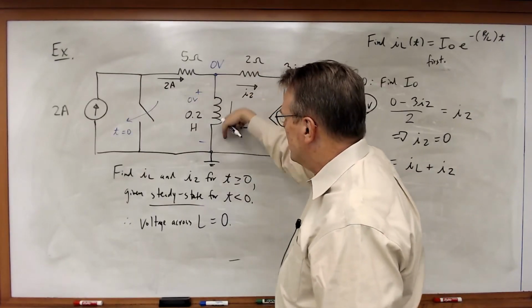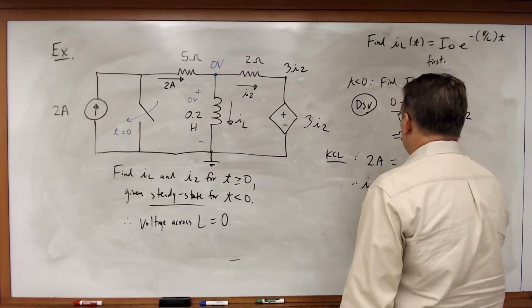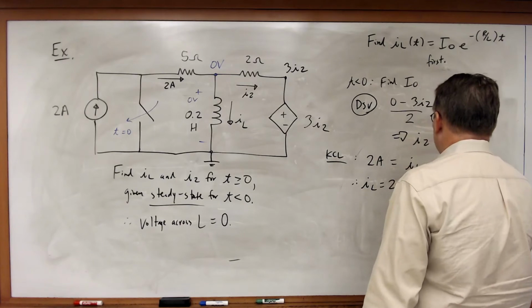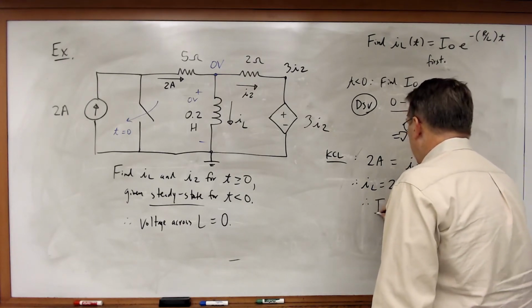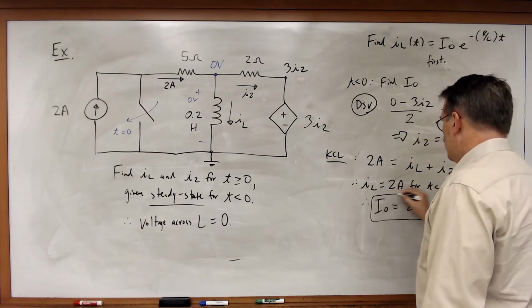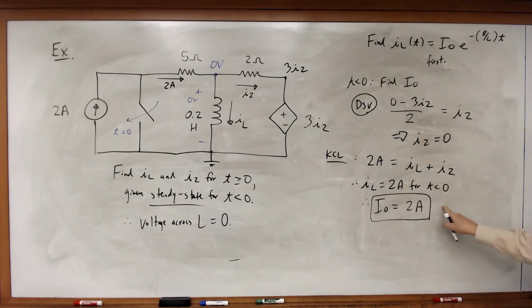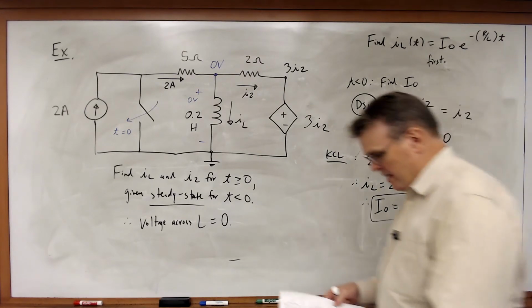The only place it can go is through the inductor. And therefore, IL is equal to 2 amps for t less than 0, and therefore I0 is equal to 2 amps. The initial condition is 2 amps. I know that initial condition is going to persist across any switching event. All right?